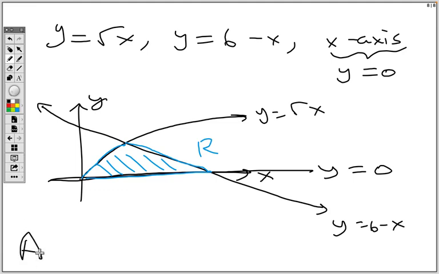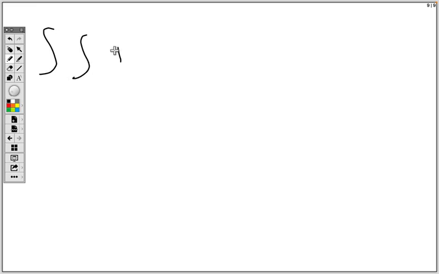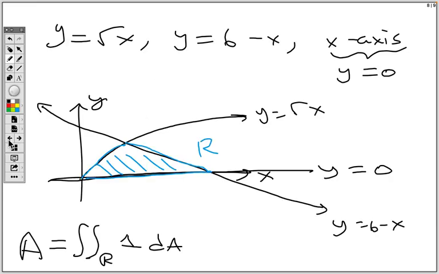Now I know that I can calculate the area of R by doing a double integral of 1 dA, and they just ask us to set up the integrals in the different orders, so we can compare and contrast the complexity of these things. So let's say we wanted to go dy dx. If I wanted to do the dy dx, I'd be chopping up the x-axis between constant bounds. So I'd have to figure out what these points are.